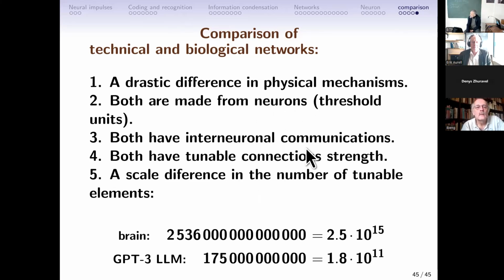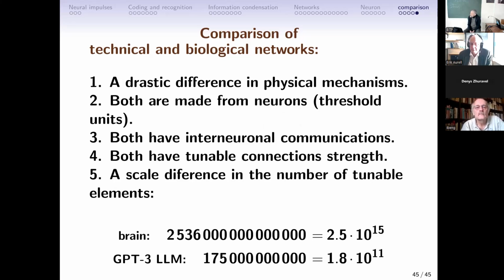Both have tight interneuronal communication, and both have a tunable connection strength of this interneuronal communication. As regards physical difference, it is not a problem because both networks are aimed at the processing of information.